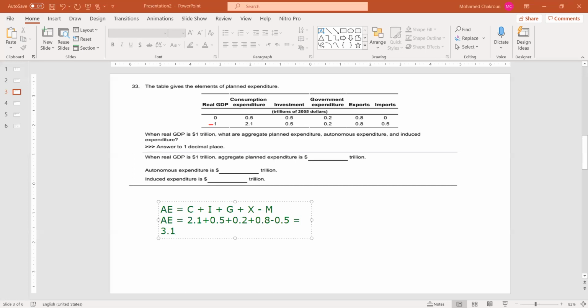Remember that autonomous expenditure is equal to C0, the autonomous consumption, plus investment, plus public spending, plus M0.